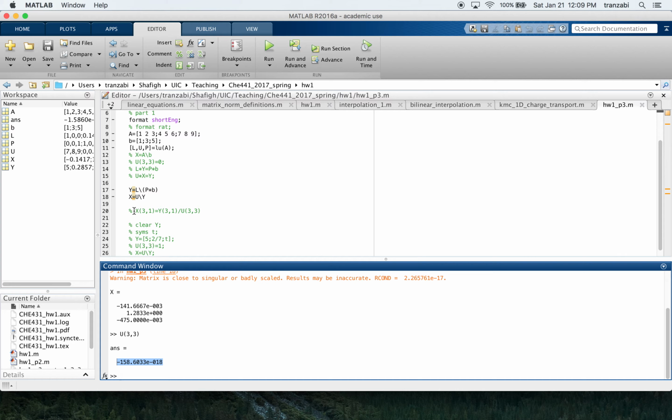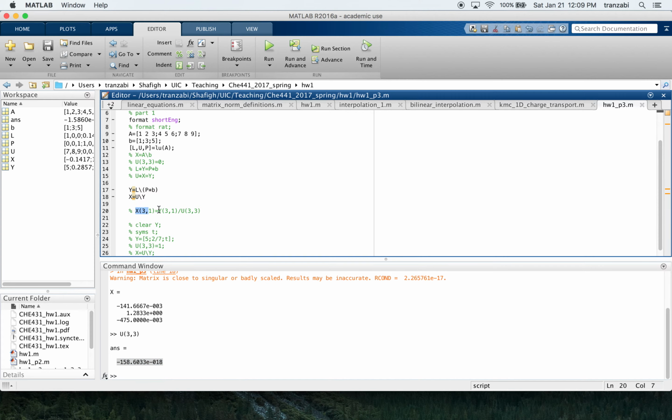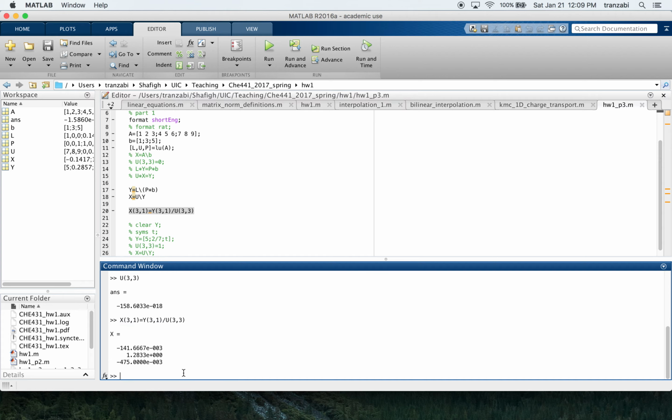Now, to get x31, you need to divide y31 by u33. So let's do that. I'll cut this and paste it over here. And now you see that when you do that, this is what you get, right? And this is because y31 is very small. u33 is also small. You can see them over here.